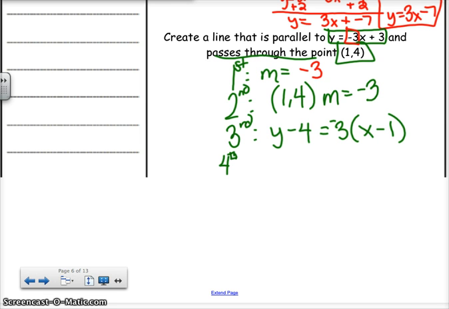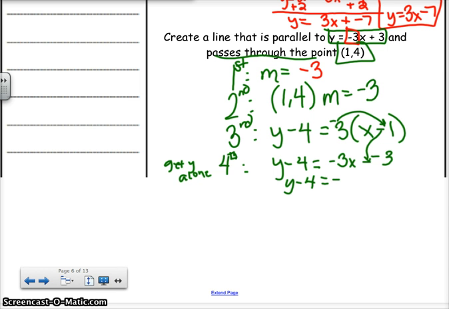Fourth, get y alone. Y minus 4 equals negative 3x minus negative 3 times 1 is negative 3. 2 signs. No thank you. Let's turn it into 1 quick. That's just me simplifying the minus a negative. When I minus a negative, I'm really plussing.